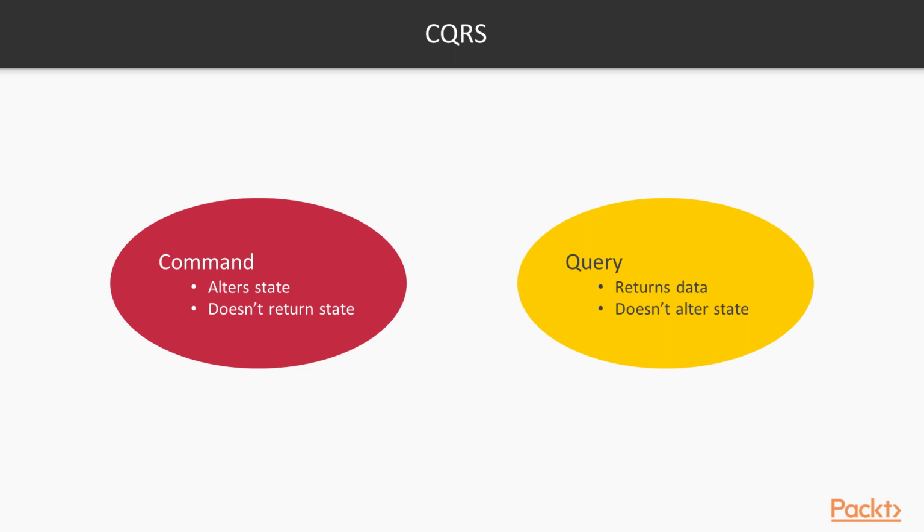Some people implement the command in a completely asynchronous way, and some people prefer to return simple things like whether the command has succeeded or, if it created something, that created thing's identity. I'm personally in the second camp. I prefer my commands to return simple and elementary things like primary keys or a rejection message. On the other hand, the query just returns the data and never ever alters the state.